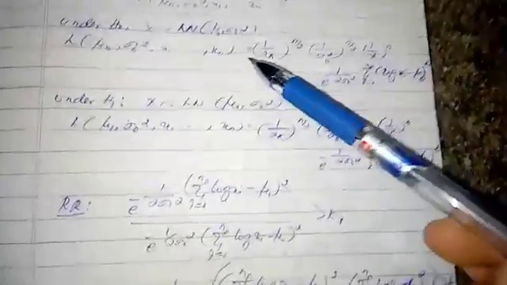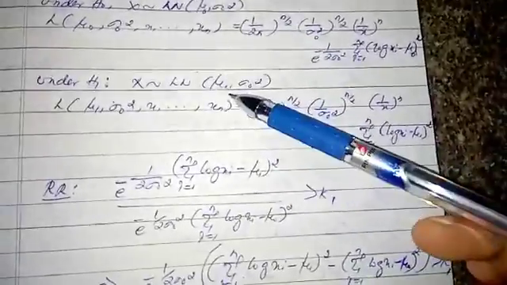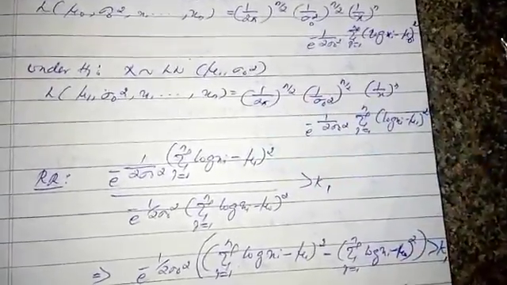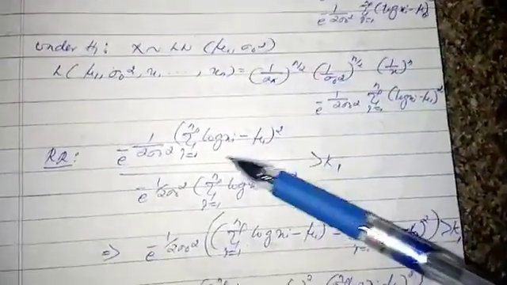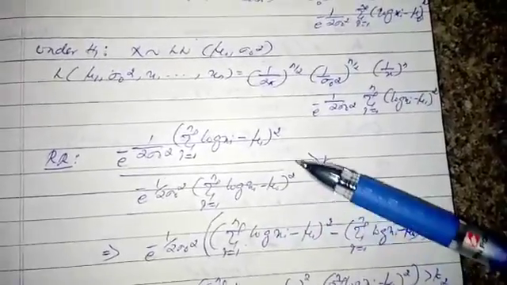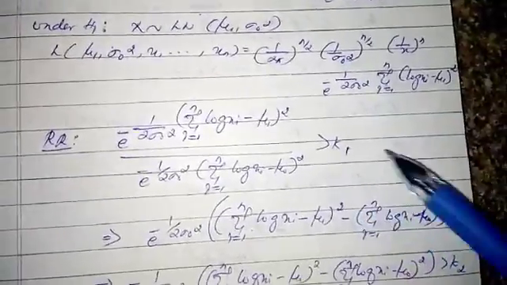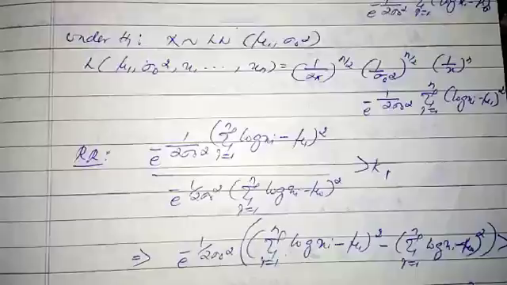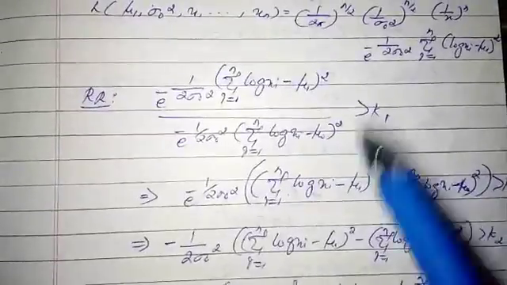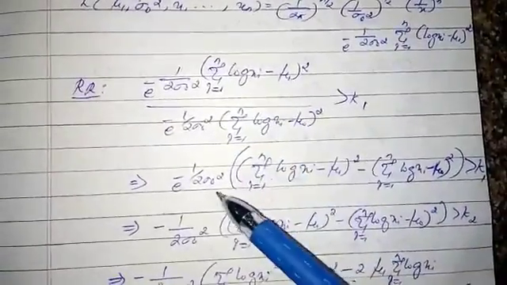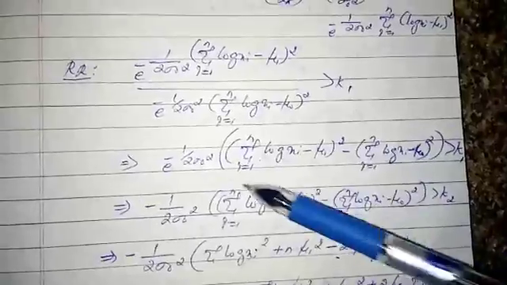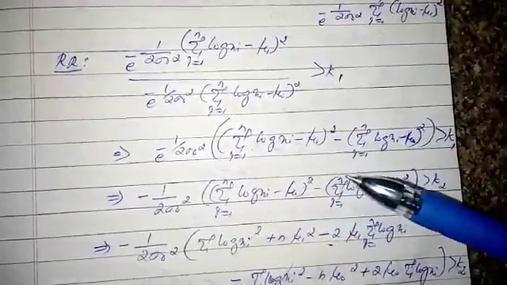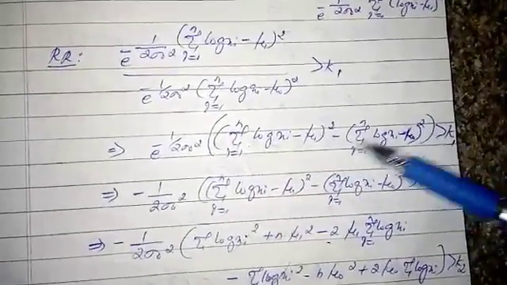After substituting the likelihood under H1 divided by the likelihood under H0, we will get this term, which is greater than k1. So we have to simplify these terms. Then we can write them like this. Then we take the log on both sides.